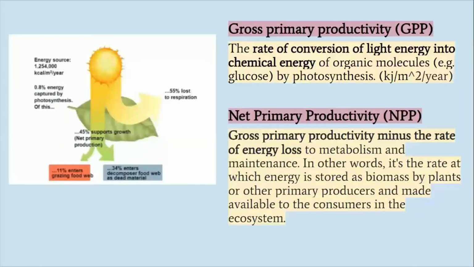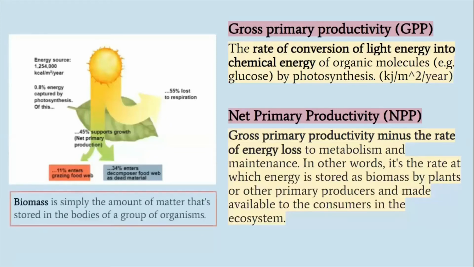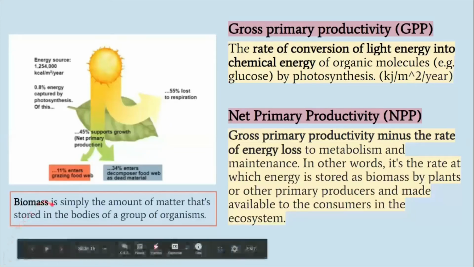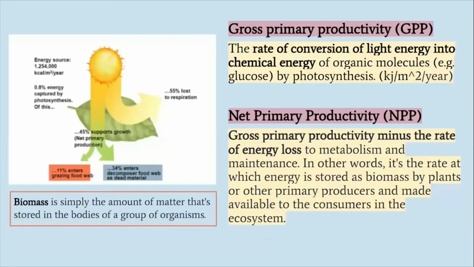Next, in ecology, productivity is the rate at which energy is added to the bodies of organisms in the form of biomass. So what is biomass? Biomass is simply the amount of matter that's stored in the bodies of a group of organisms. Productivity can be defined for any trophic level or other group, and it may take units of either energy or biomass.